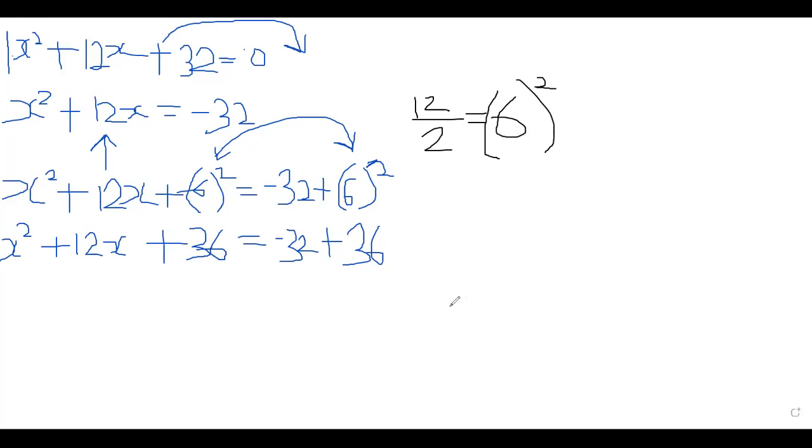You can see that it looks simpler now. Are you with me? You can see that it's looking simpler.